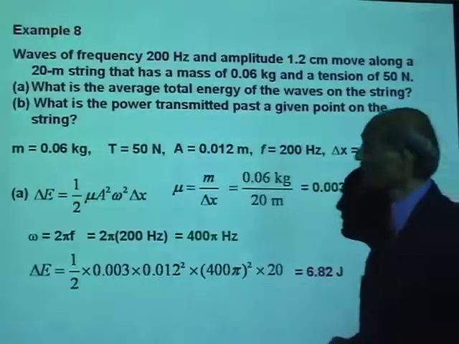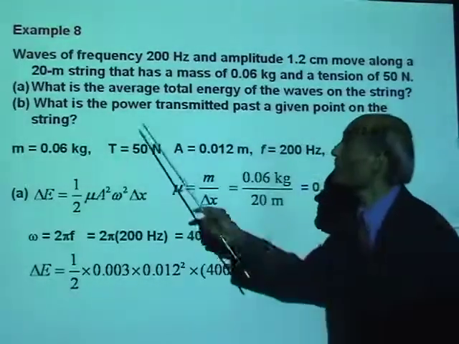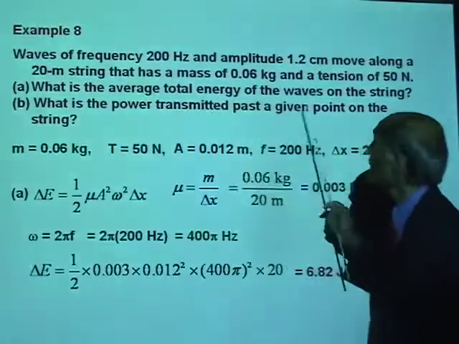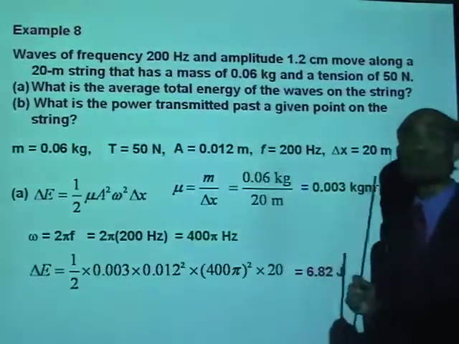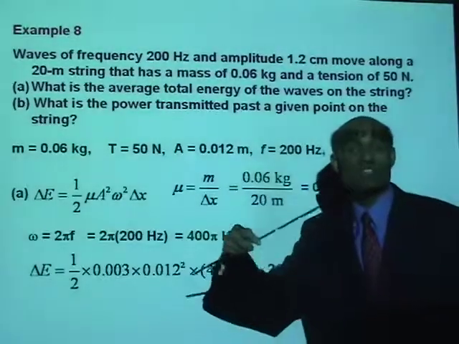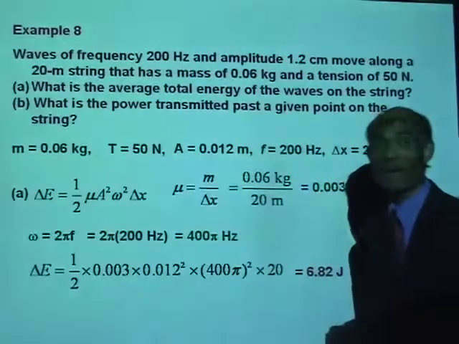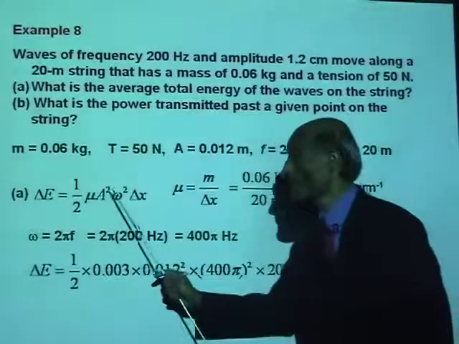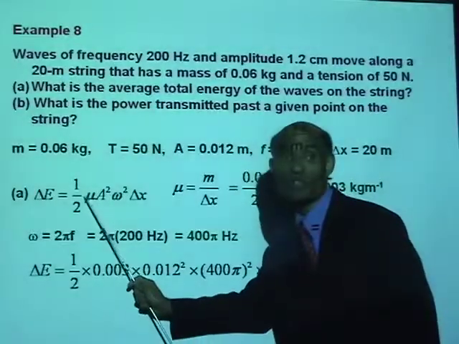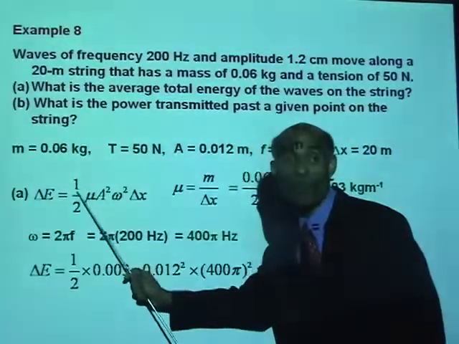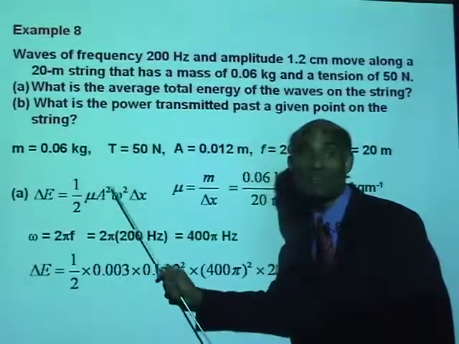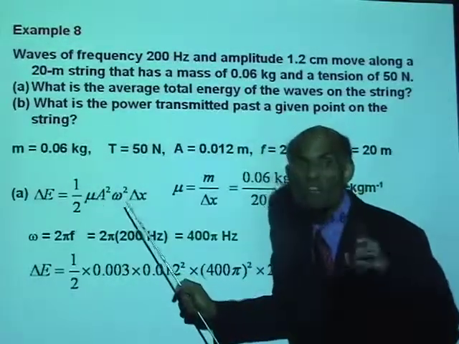Alright, what do we now need? We need to find the power transmitted past a given point, the rate at which the energy is transmitted. Now, how will you get that? Well, the power will be 1/2 mu a squared omega squared v.